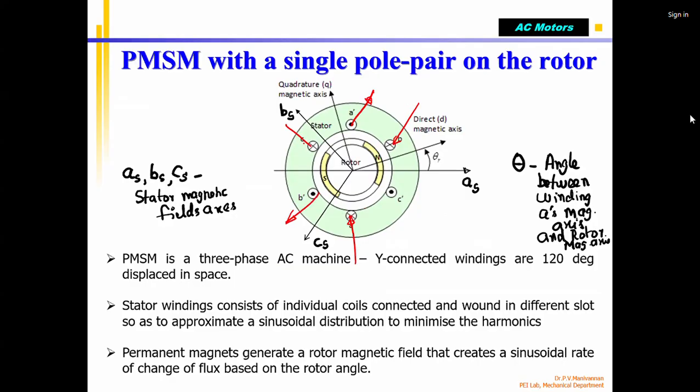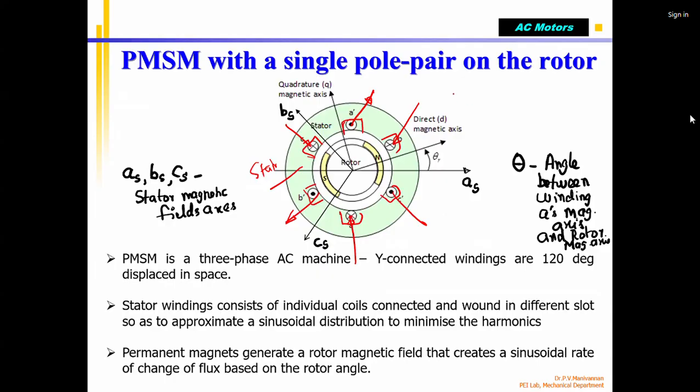Similarly, C coil, current is entering, current is coming out. Of course, the coils are wound inside the stator surface. That is, you have slots in the stator core. Inside that, you have slots in which 3 sets of wires are wound. We call these the stator windings.